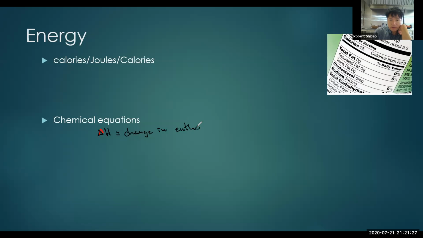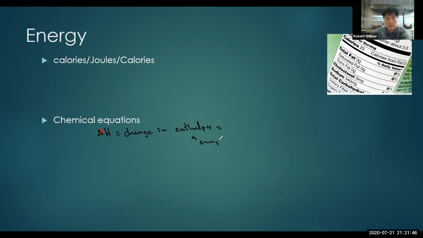Enthalpy is energy also, but there are certain restrictions on the energy here, and that's why we use another name rather than calling it energy. These restrictions are discussed in Chem 4. I'm not really going to talk about them here because it's beyond the scope of the class, but think of this as energy.